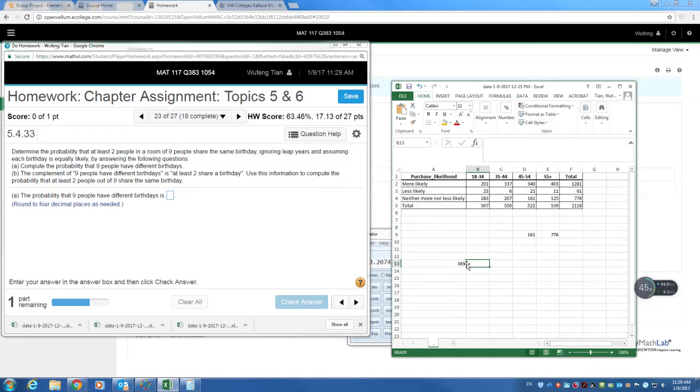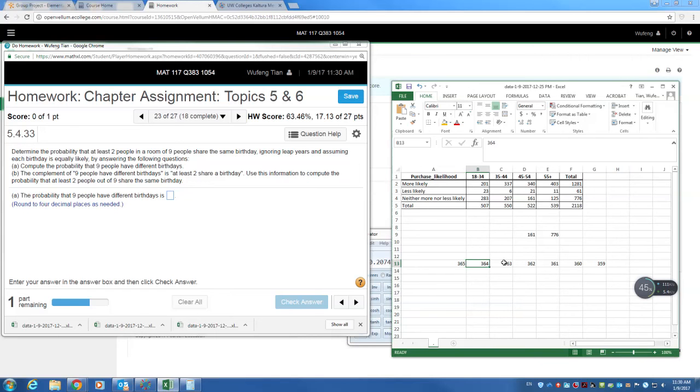Once that date is given, the next person has 364, then 363, 362, 361, 360, and 359 options. That's 1, 2, 3, 4, 5, 6, 7, 8, so then 358, 357. The total at the bottom is always 365.